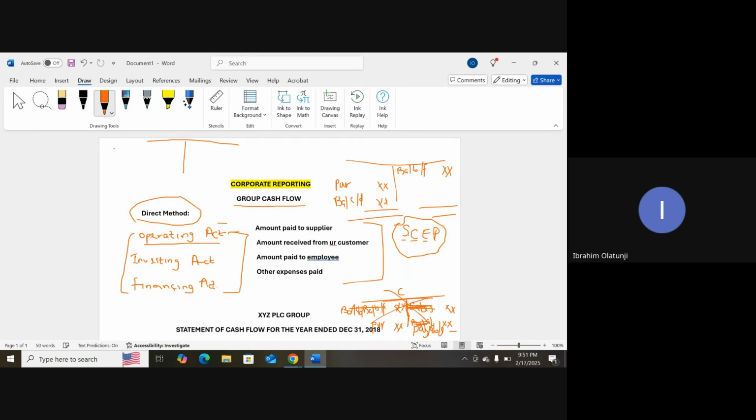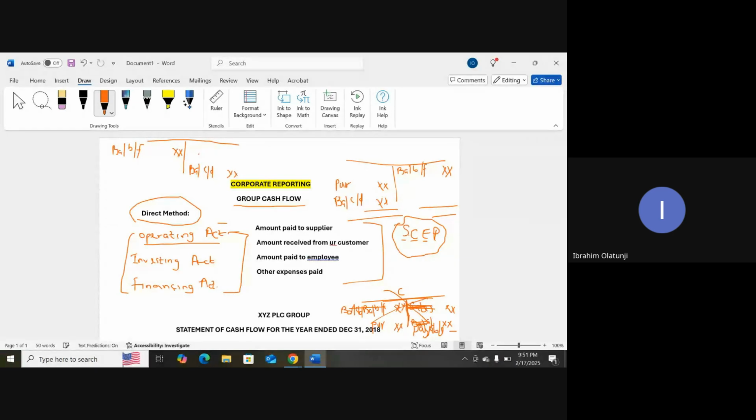Then you come here and say balance brought forward, and go to your balance sheet and look at your trade receivables. Opening balance, then come here and the same trade receivable closing balance, which is a balance carried down. You put it here.